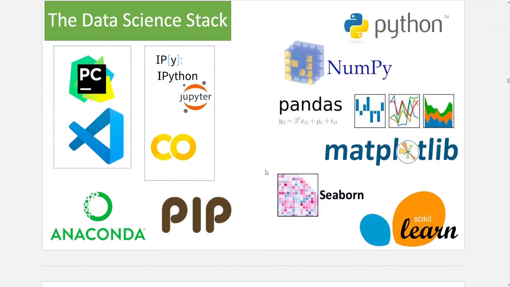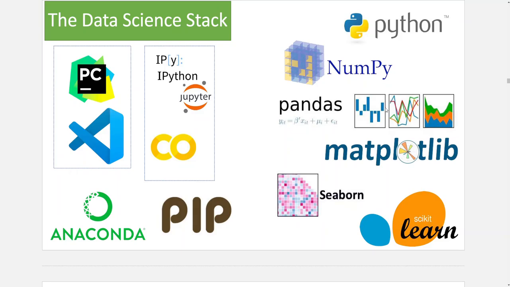So we've got what we'll call our data science stack. So we've got our notebooks. I could use Visual Code, whatever my development environment is, it could be Anaconda, pip. All right, so these are what we're interacting with. Over here's our language and the libraries that we're dealing with.